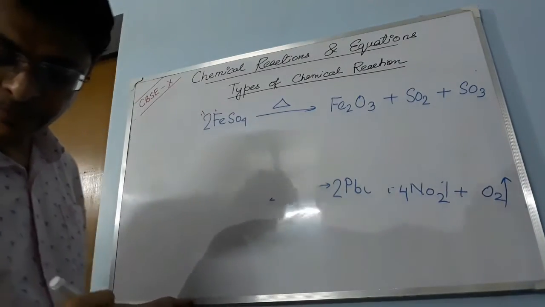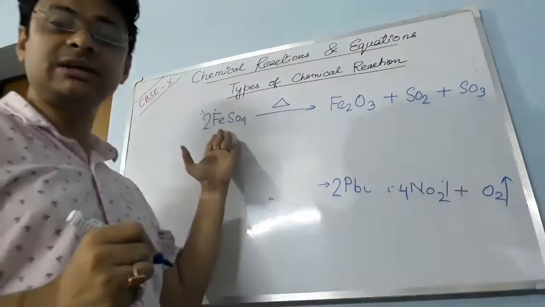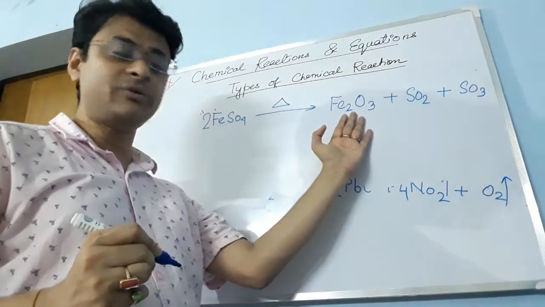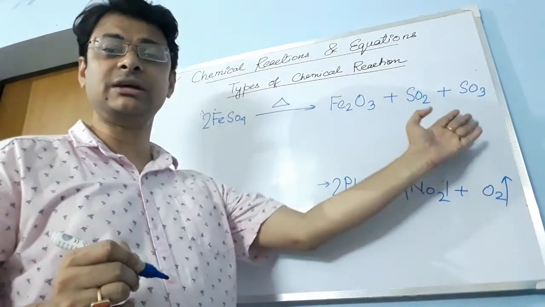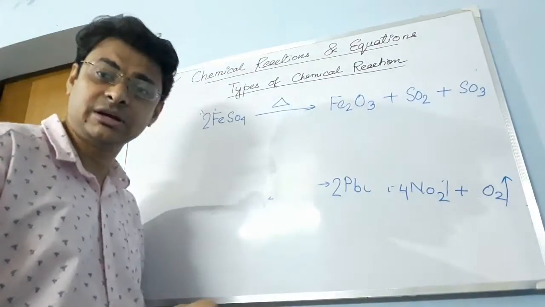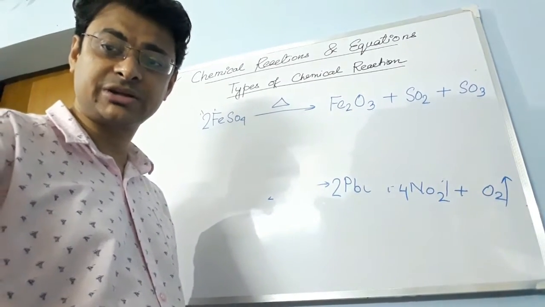So in this reaction, what happens? Ferrous sulfate when heated breaks down into oxide of iron, sulfur dioxide and sulfur trioxide. So I think with the help of these three chemical equations, we have already understood what is decomposition reaction.